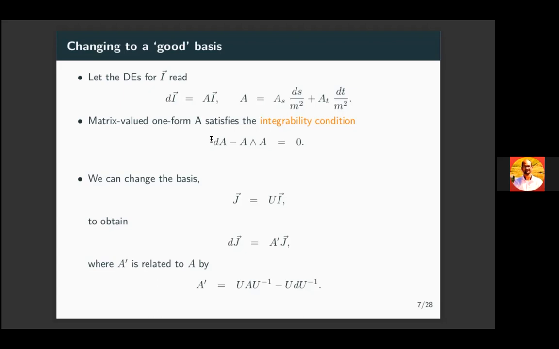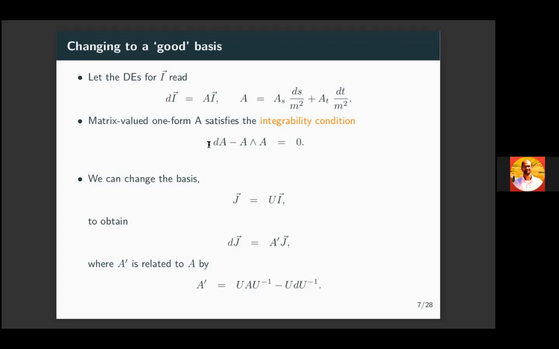If you have a basis and the elements are actually not independent, you will see that this is not satisfied. That's what I'm trying to say. So that's the point, basically. If the basis set is independent, then this integrability condition is always satisfied. Yes, that's what I'm saying.